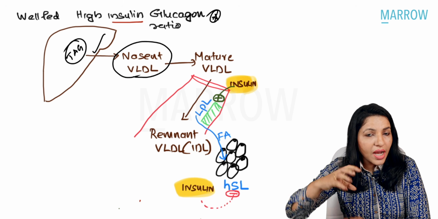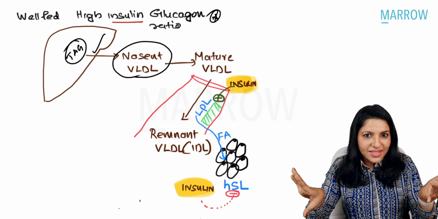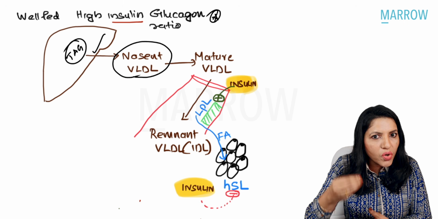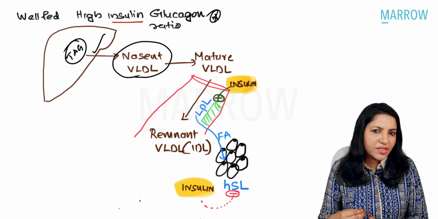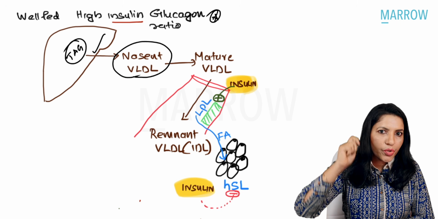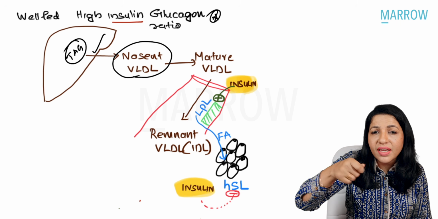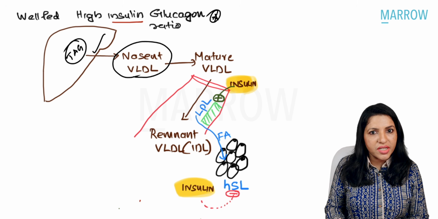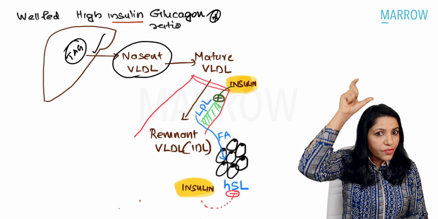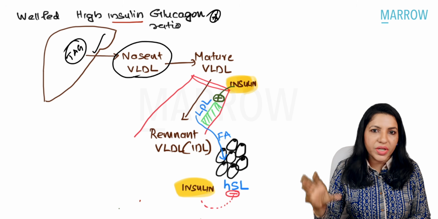Because this triacylglycerol should be hydrolyzed and this fatty acid should go out of the adipose tissue only when the body is fasting. So insulin is favoring lipoprotein lipase. At the same time, it is inhibiting hormone sensitive lipase to keep the triacylglycerol, which is carried from the liver to the adipose tissue, inside the adipose tissue itself.